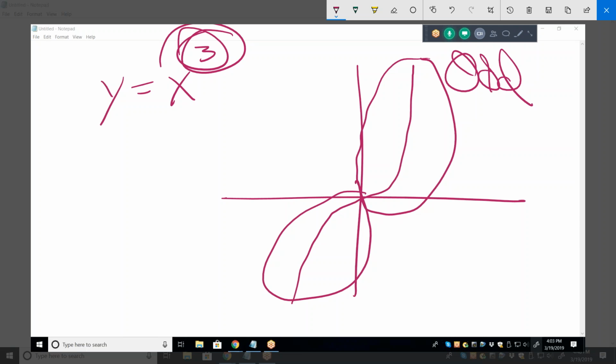So if you ever forget whether sine is odd or even or cosine is odd or even, use this to tell you. You know what x squared looks like, you know what x cubed looks like, you can figure out which one of them is symmetrical about the y-axis and which one of them is symmetrical about the origin.